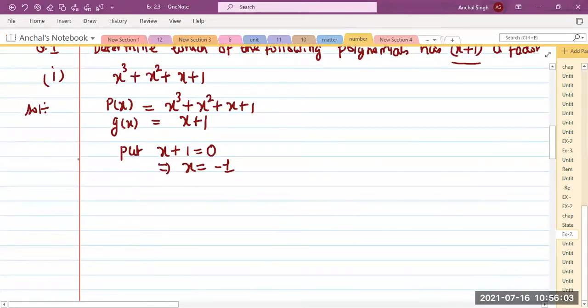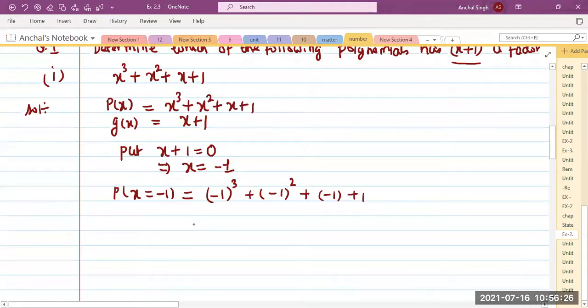So I'm writing over here p of minus 1, in place of x I am writing minus 1. This is equal to minus 1 whole cube plus minus 1 whole square plus minus 1 plus 1. Correct?